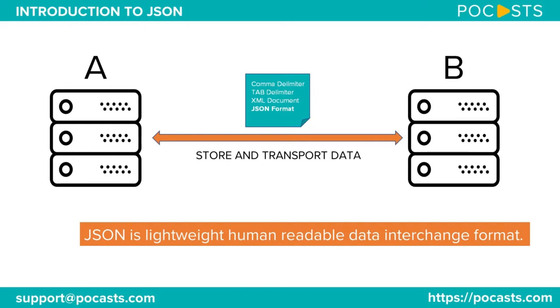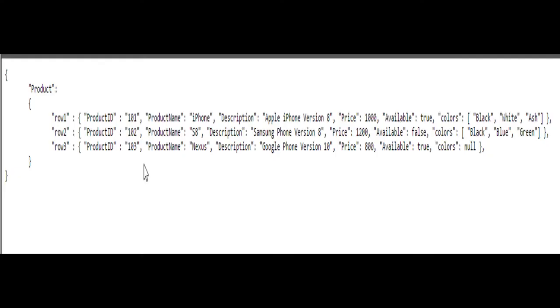But before we jump into the details of JSON, let me show you a simple JSON file, and I'll walk you through it. Then let us understand how easy it is to read a JSON file. This is a sample JSON file, and this is how JSON data is represented.